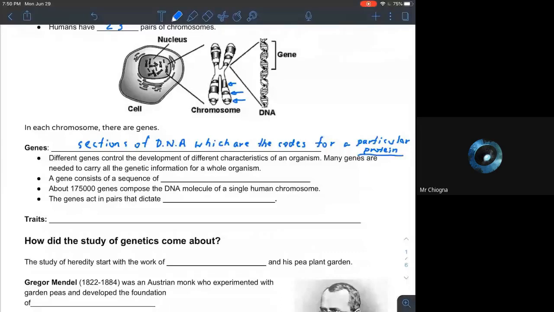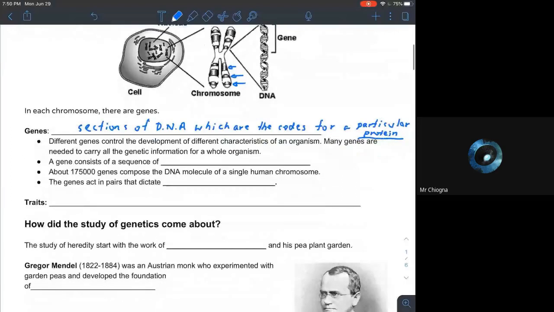Okay, so different genes control the development of different characteristics of an organism. Many genes are needed to carry out all the genetic information for a whole organism. Yes, you need many genes in order to create an organism.